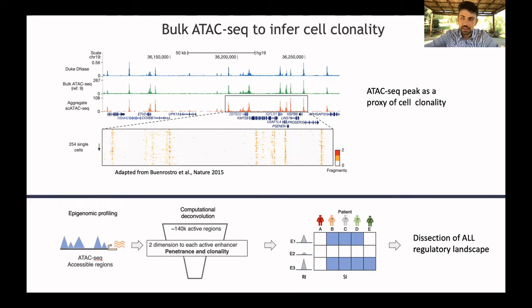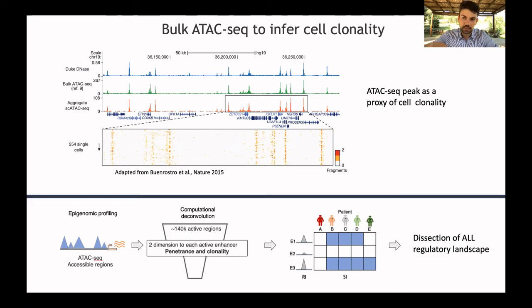The investigation lies its foundation on data obtained from a seminal paper from the Greenleaf lab, where it was demonstrated that single-cell ATAC-seq, when aggregated, is very similar to bulk ATAC-seq. So every single peak in ATAC-seq can be considered a proxy of cell clonality.